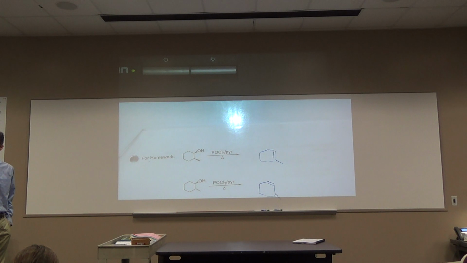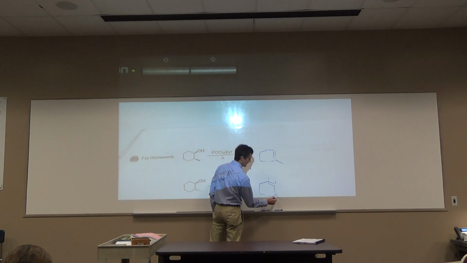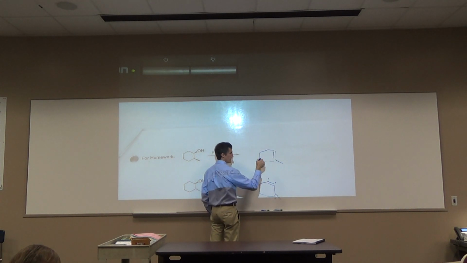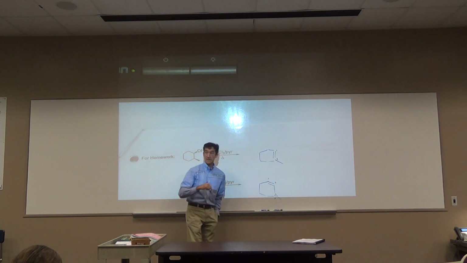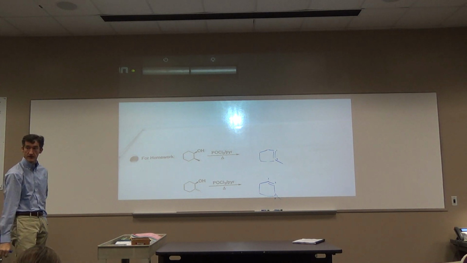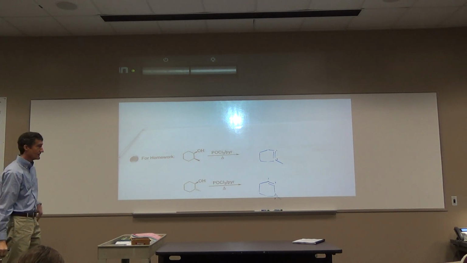Yeah. Is it 3-methyl? That's 3-methylcyclohexene. But the alkene is 1,2. One, two, three. Up here, the alkene is 1,2. But do you go 1,2 this way or 1,2 that way? You have a choice. The alkene is 1,2 in both cases. But up top, we do 1,2, so the methyl gets the lowest number. If we went the other way, the methyl would have been 6. Okay?